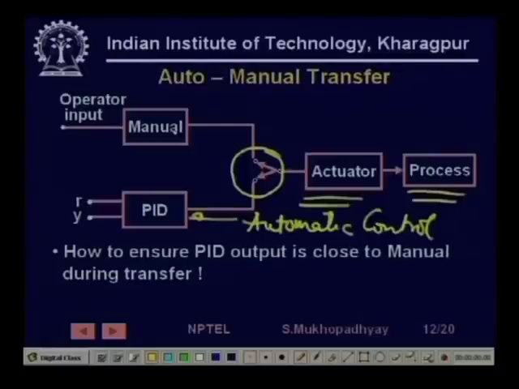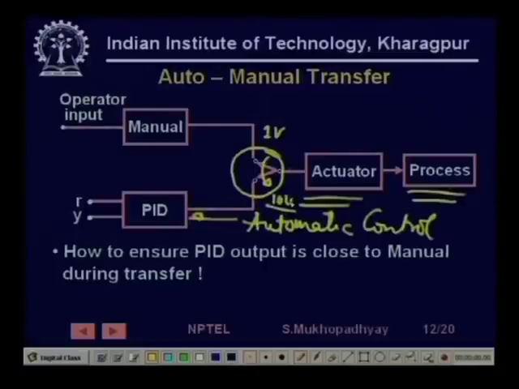Now, the main question is, when I am transferring, how do I know the inputs match? For example, suppose the input was 1 volt. How do I know that when I flick this switch to auto, the controller output will not be maybe 10 volt?